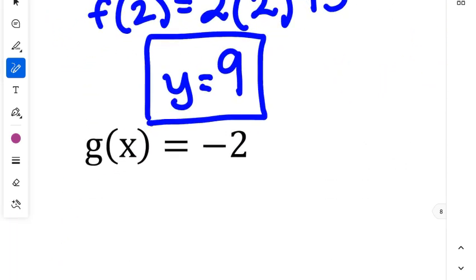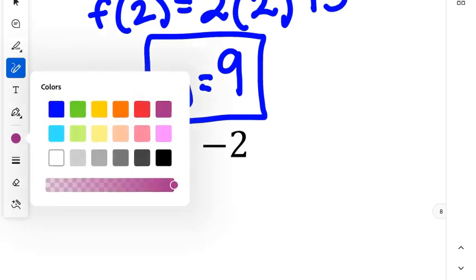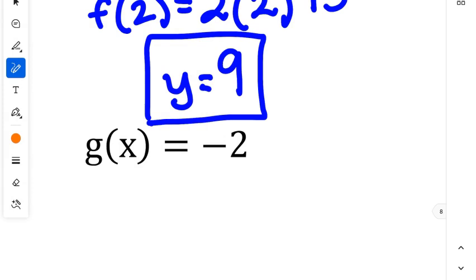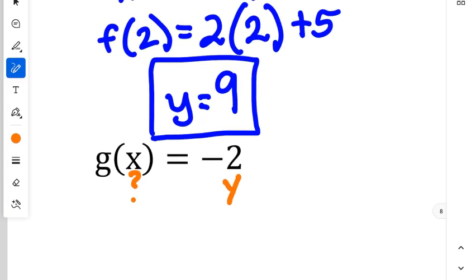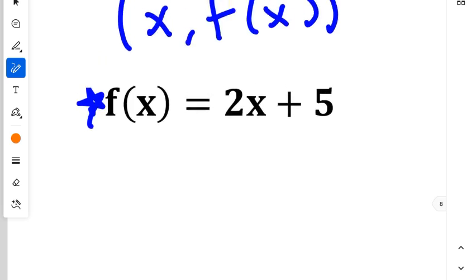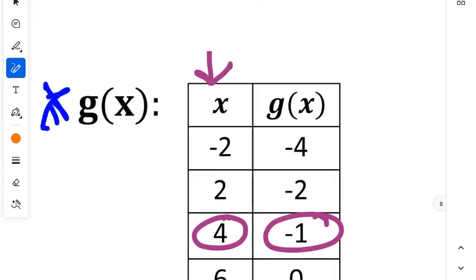Okay, the next one says g of x equals -2. So it's asking, what is x? So I'm going to put a question mark under x when y is -2. So look at your table. We want to know what x equals when y is -2. So go up to the top. Look at our table.